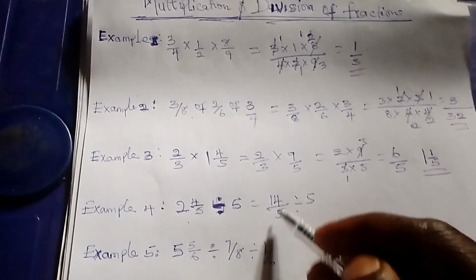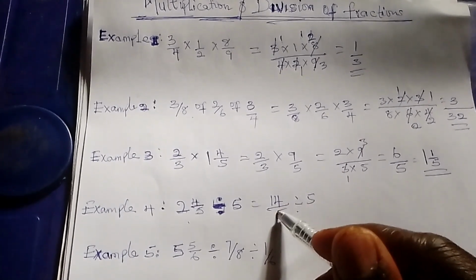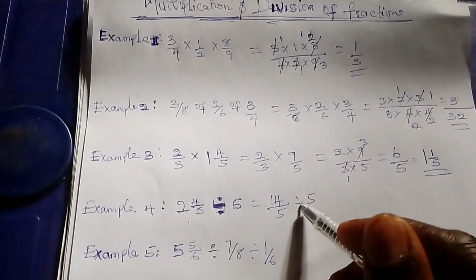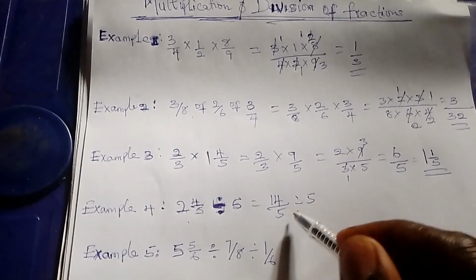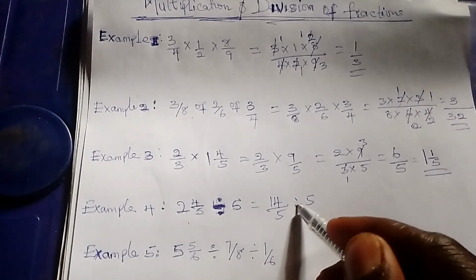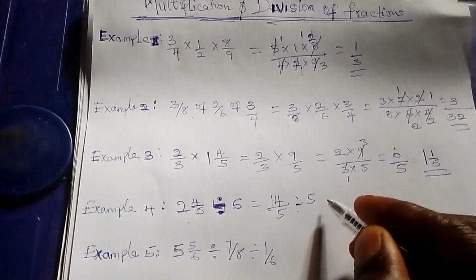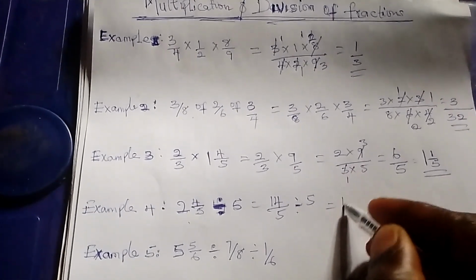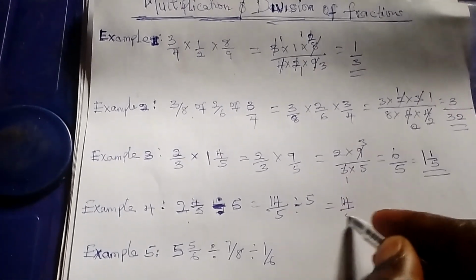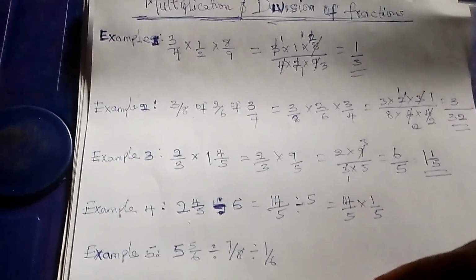Now remember what I said initially, that each time you are dividing a number by another number, it means multiplying by the reciprocal of the divisor. So now this becomes 14 all over 5 multiplied by 1 all over 5.